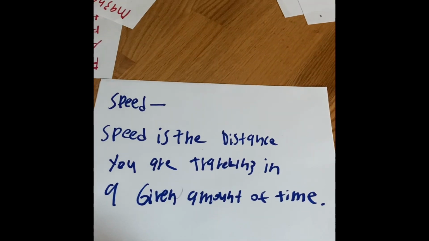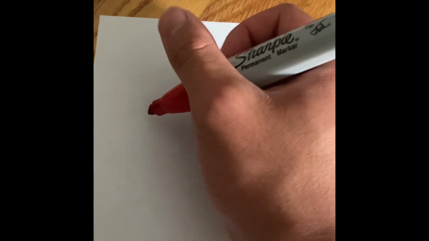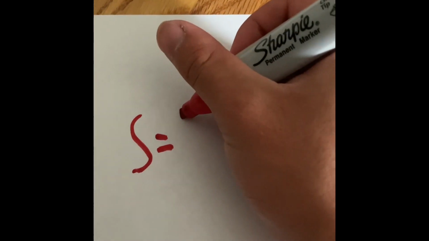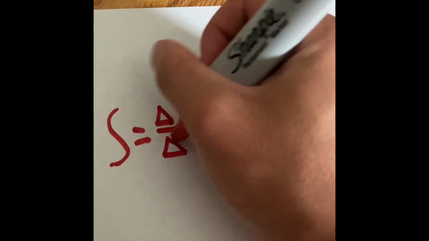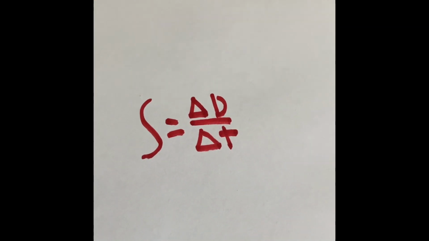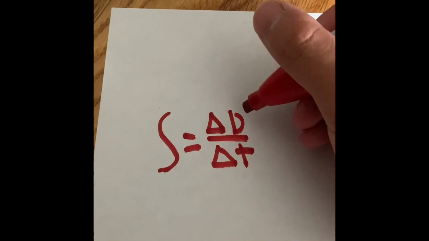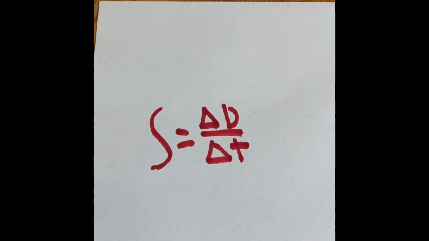To understand the formula for speed, here is what it represents. Your speed is going to equal delta D over delta T. Delta D and delta T represent the change in your distance, divided by the change in your time.